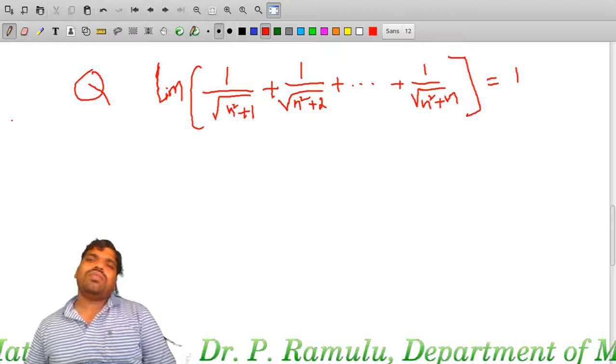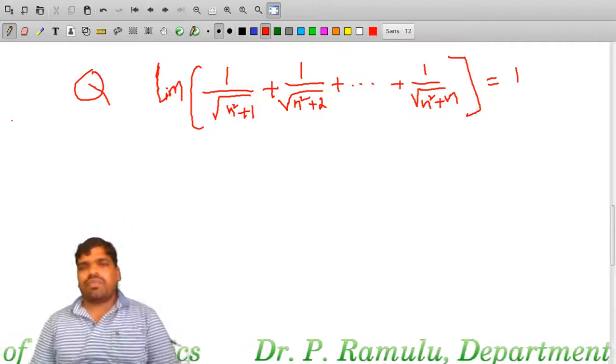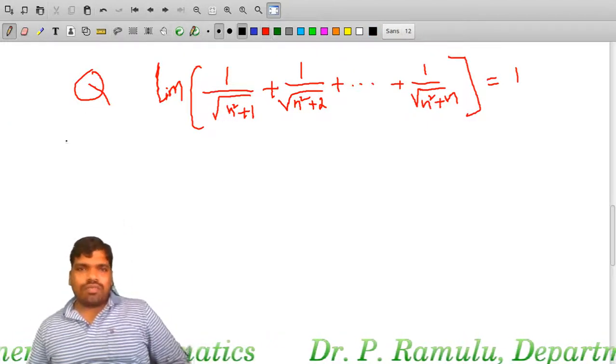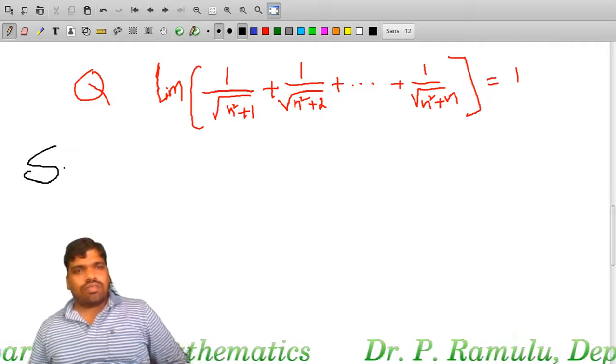Show that this is equal to 1. We have to show this is equal to 1. For this, I am considering the right solution.